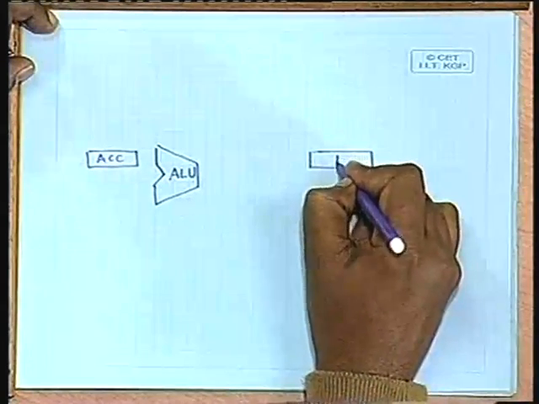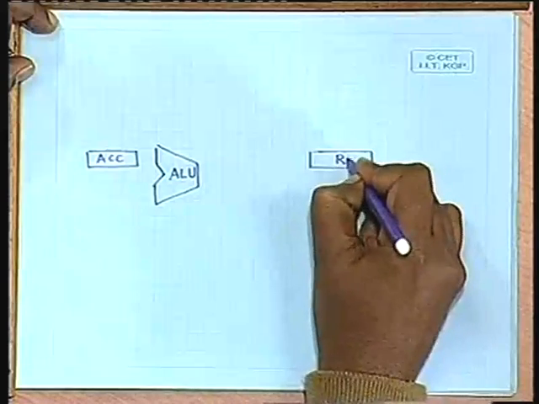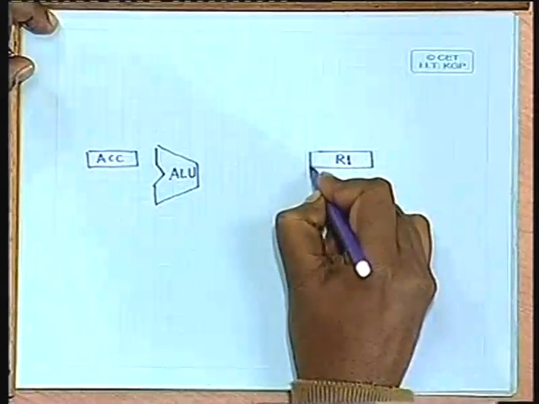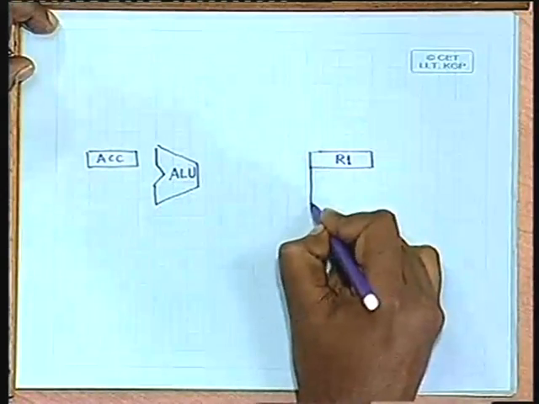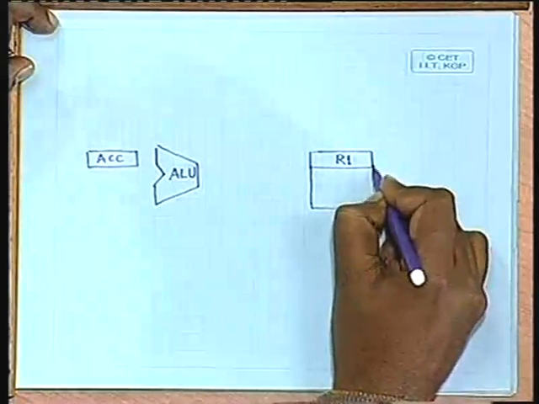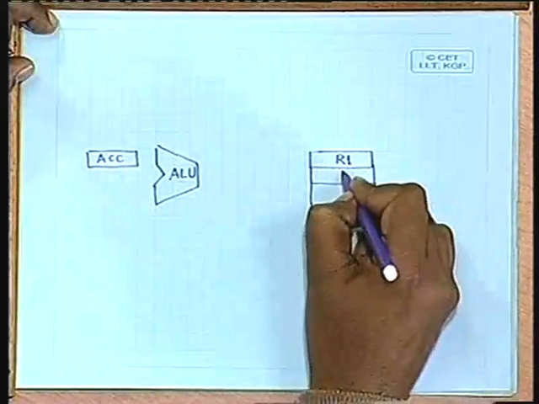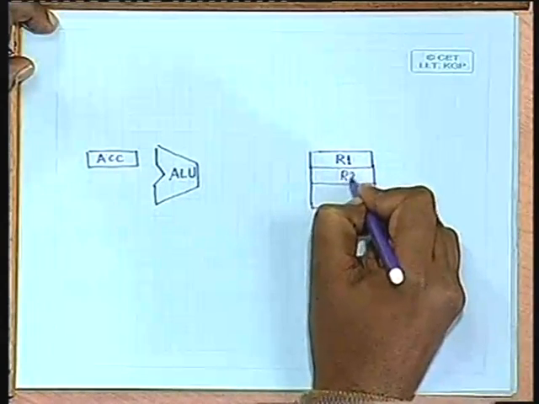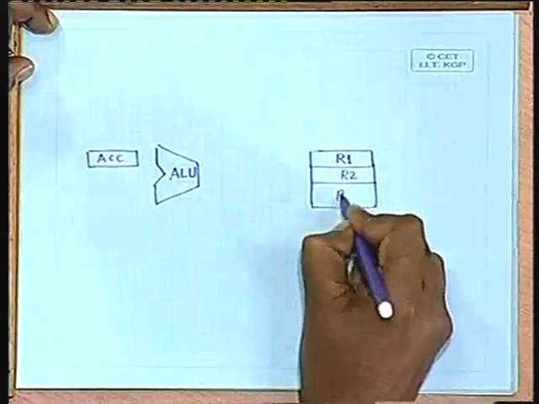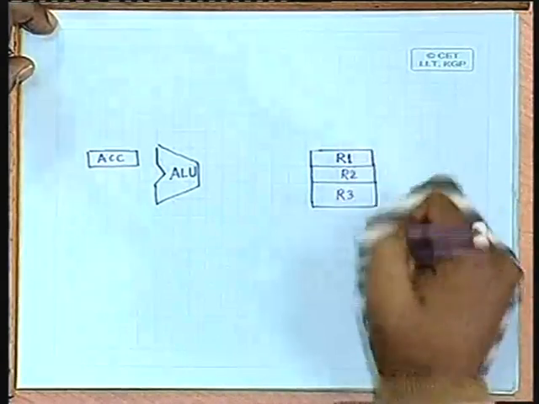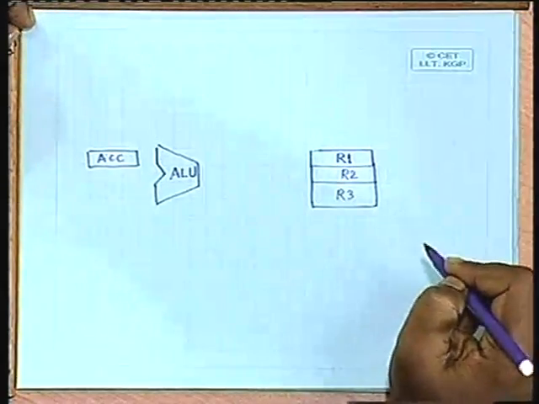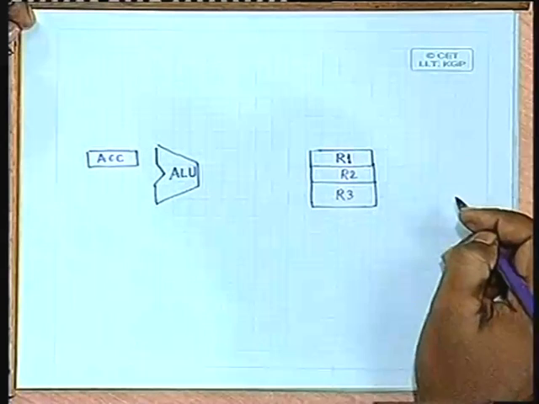So, I can have register R1 as we have just seen. I can increase the number of registers. As you increase the number of registers, you can write more and more efficient codes. So, I can have a number of registers, say R1, R2, R3 and so on. So, if we increase the number of registers in the CPU, I can write more and more efficient code.